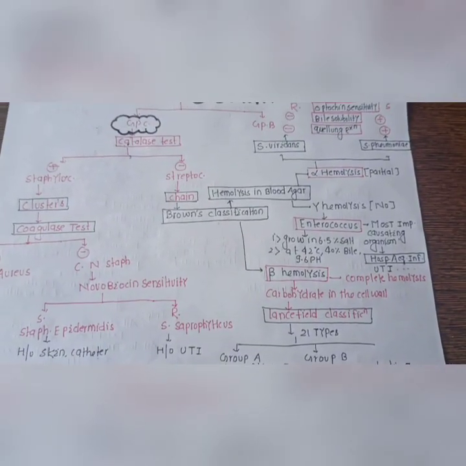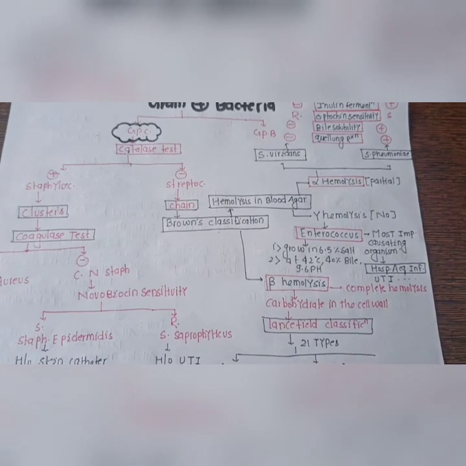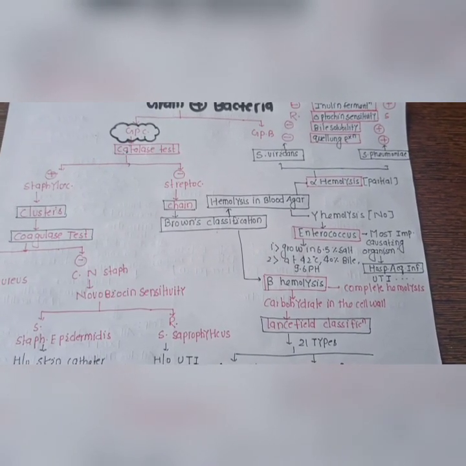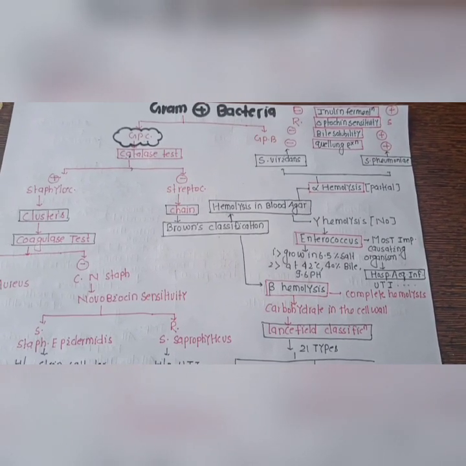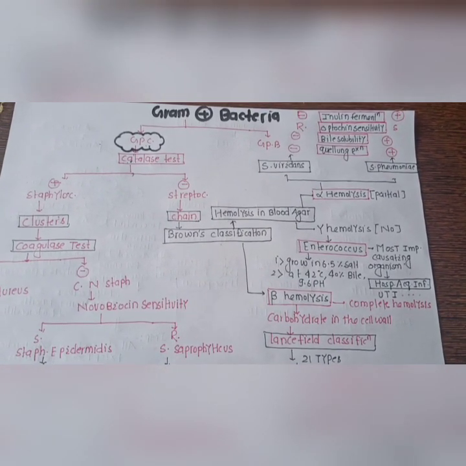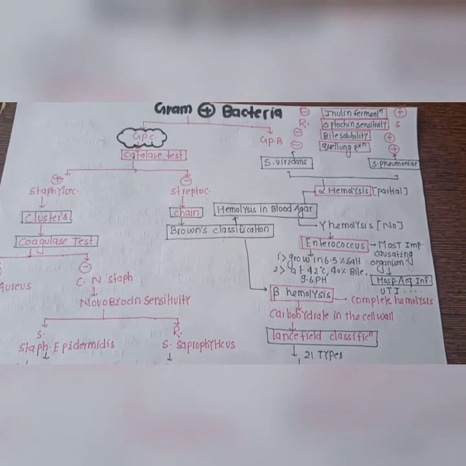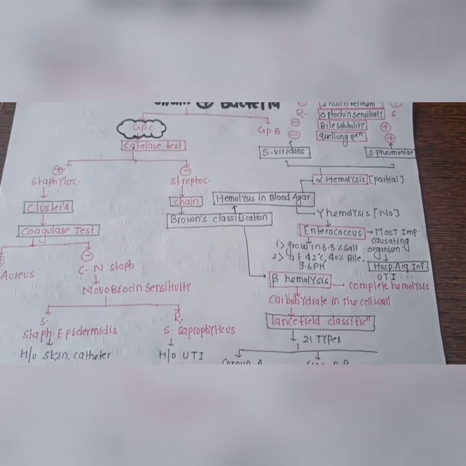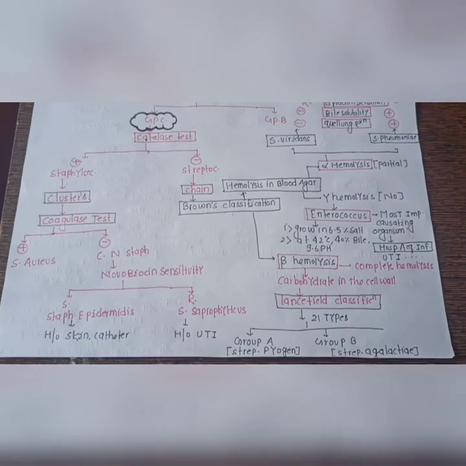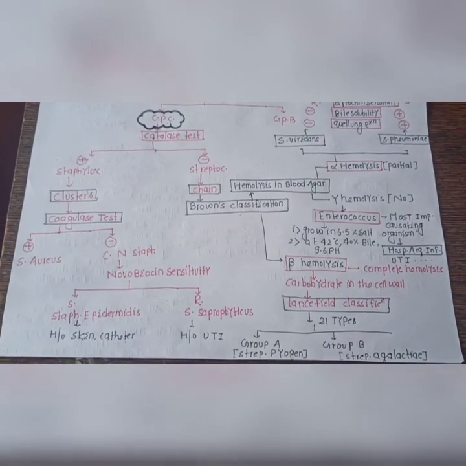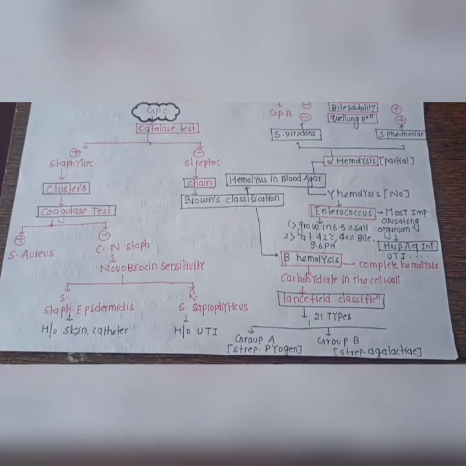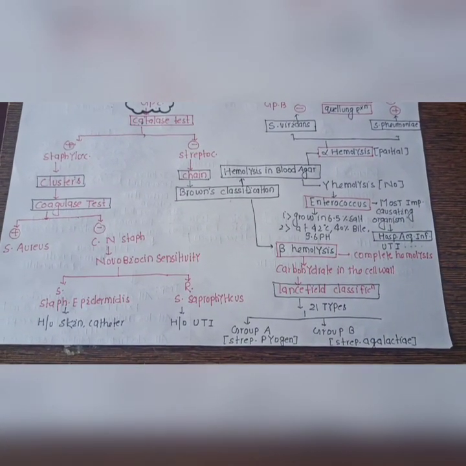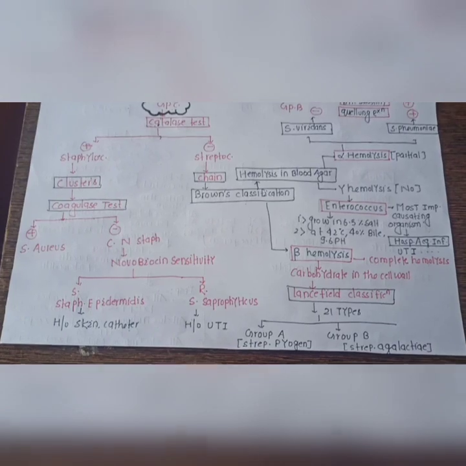Streptococcus according to hemolysis: alpha, Streptococcus viridans and Streptococcus pneumoniae; gamma, no hemolysis, Enterococcus; beta, complete hemolysis, with 21 Lancefield types, group A and group B, which are very important and we will study further.